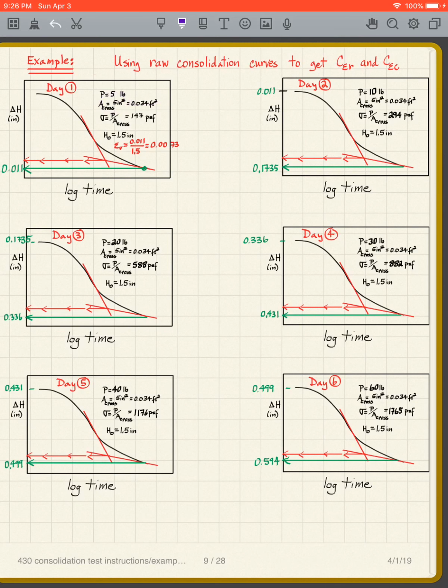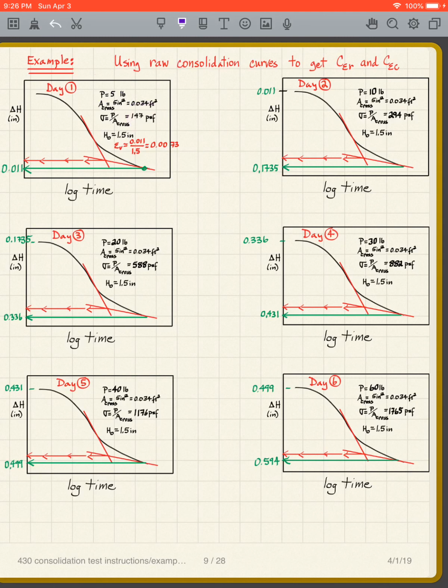P over A gives me my sigma. Since at time infinity, or at 24 hours, there's no excess pore pressure, sigma is equal to sigma prime. And so I get 147 P over A is my sigma prime.